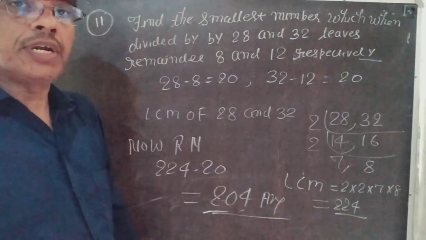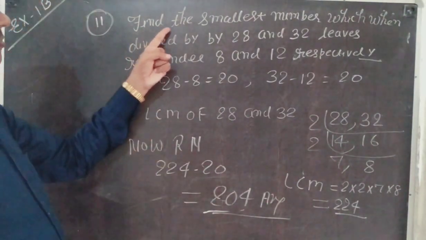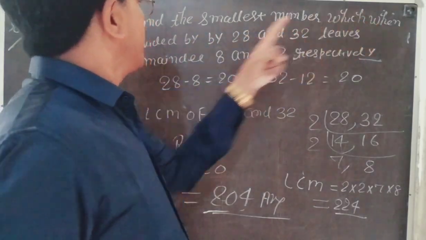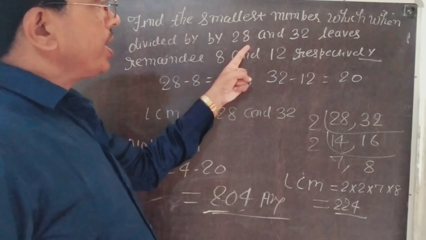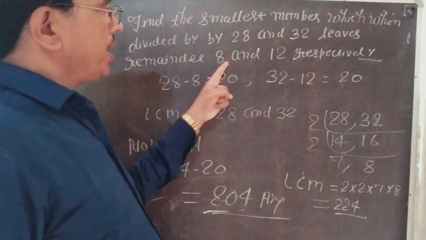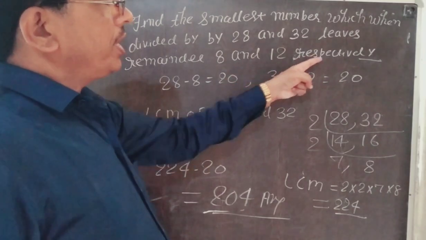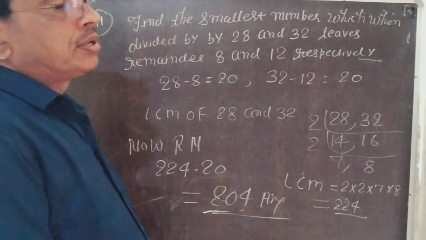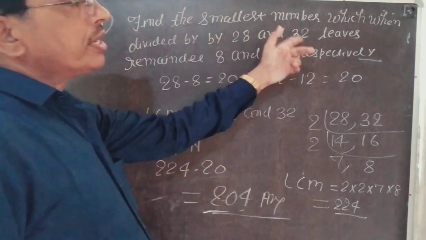Now see question number 11: find the smallest number which when divided by 28 and 32 leaves remainders 8 and 12 respectively. That means what is the least number which is divisible by 28 and 32.